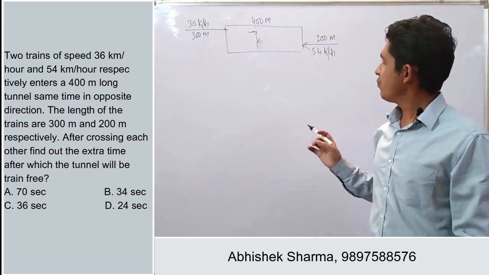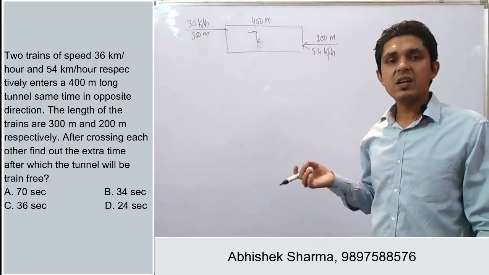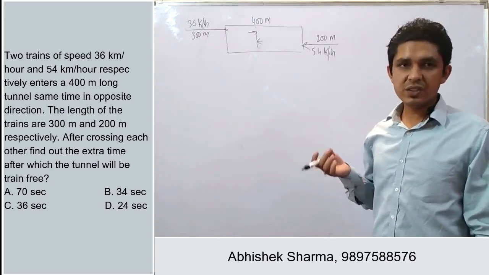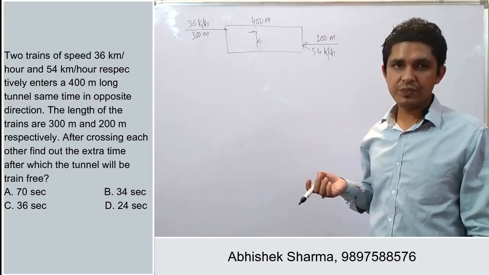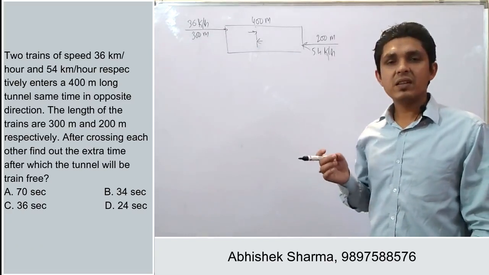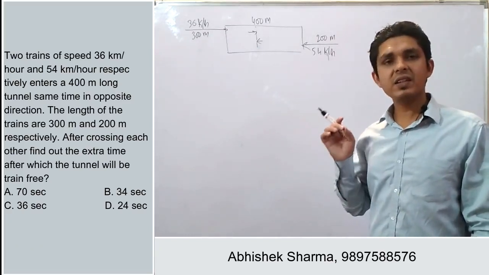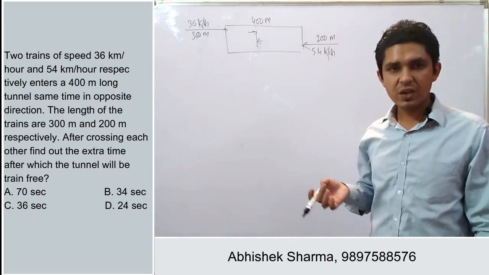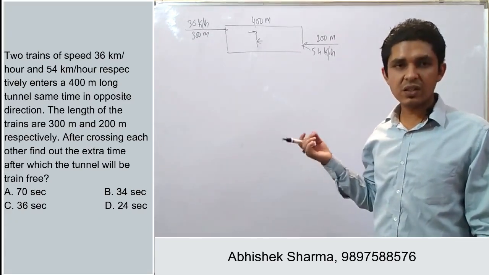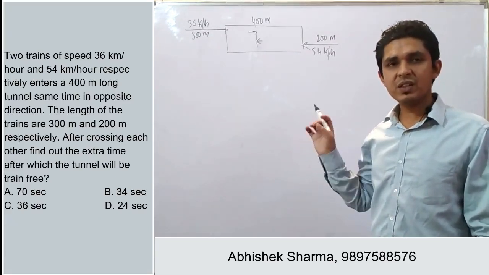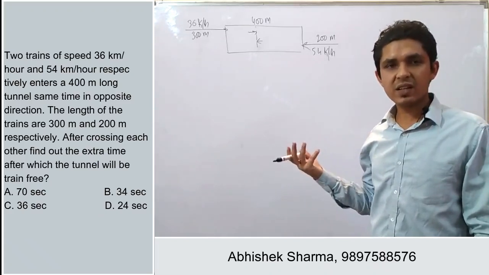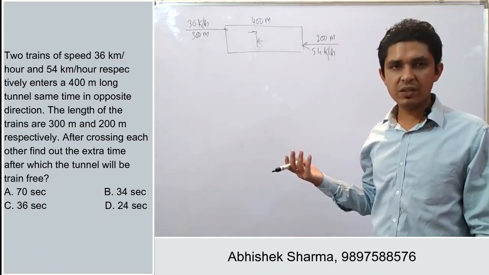And we have to find that after crossing each other, the extra time after which the tunnel will be train free. That means if we find the time taken by the slower train to cross the tunnel, and subtract the crossing time, we can find the extra time after which the tunnel will be train free.